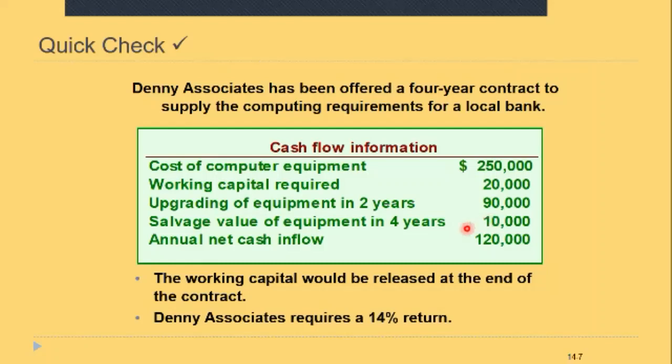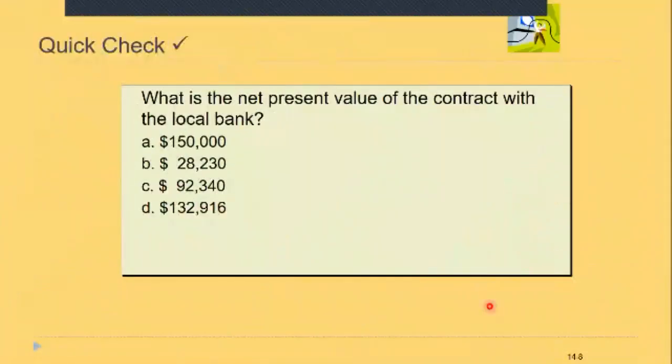It is an inflow, like the net cash inflow. The working capital would be released at the end of the contract. Then the associates require a 14% return. So this is what we will be looking up in the tables to get the discount factors. What is the net present value of the contract with the local bank?